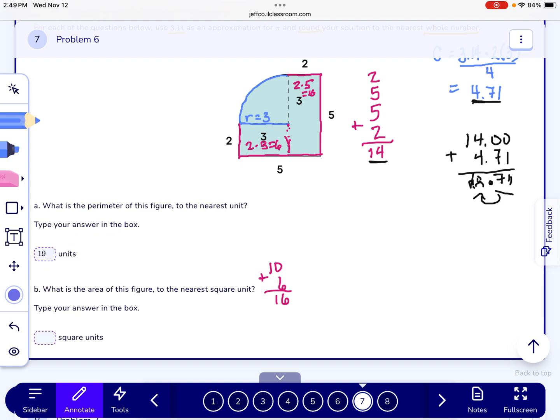All right, now to move on to the area of my circle. So area of a circle is pi, but we're using that 3.14 as the approximation, times our radius squared. And then we're going to take all of that and divide that by 4. So 3.14, our radius is 3.